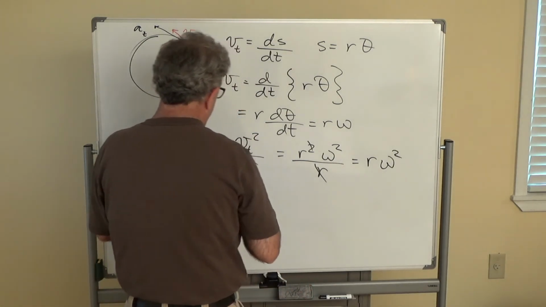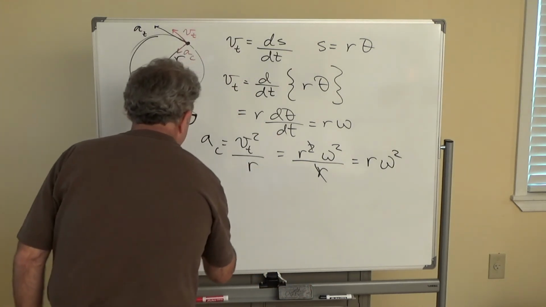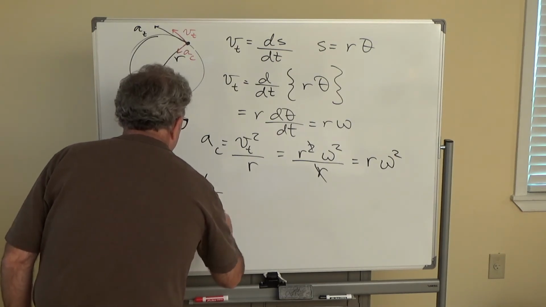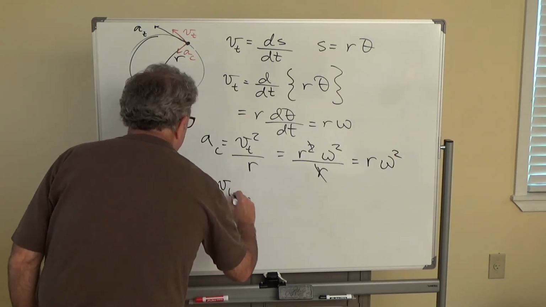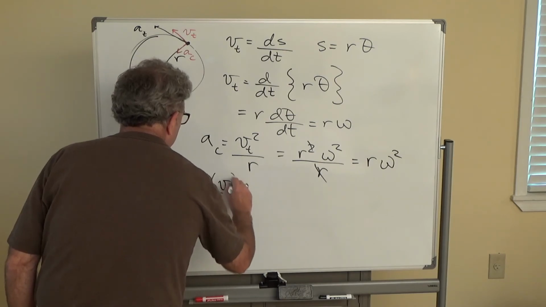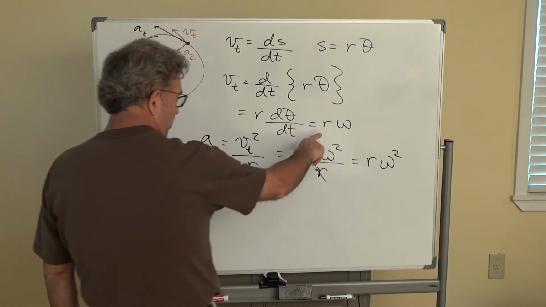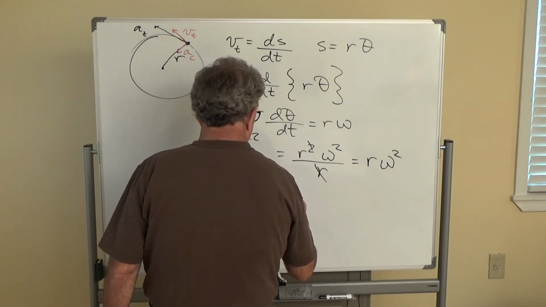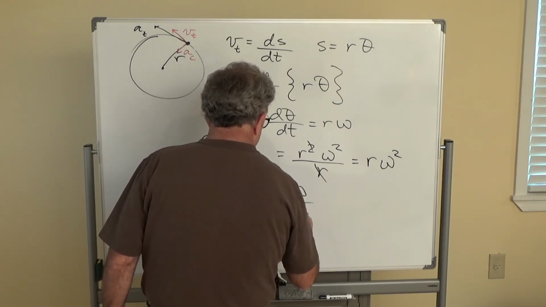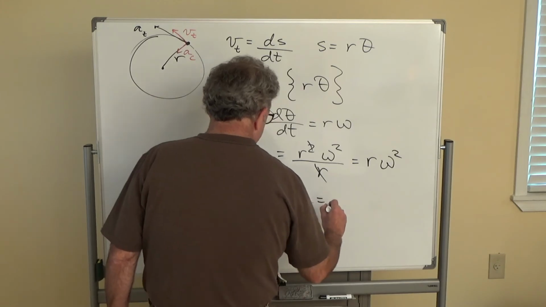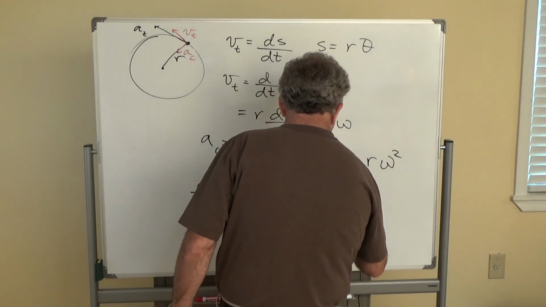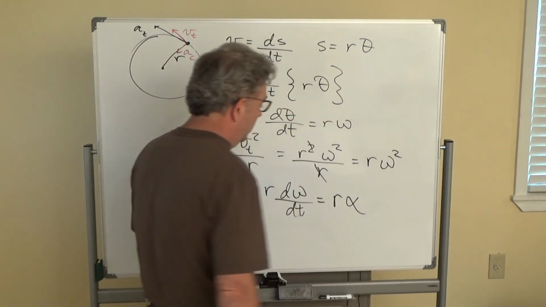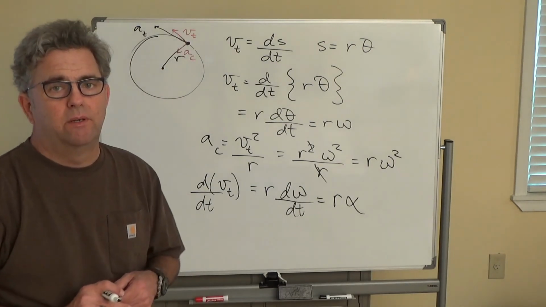So you get d dt of v tangential, and that's equal to r, which we're not allowing to change, d omega dt, and that's equal to r alpha, which makes perfect sense.